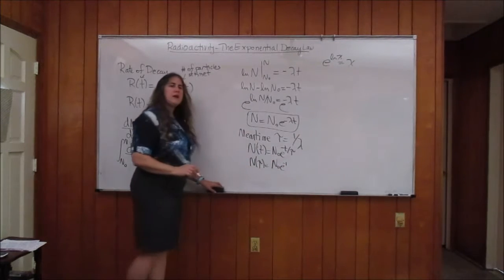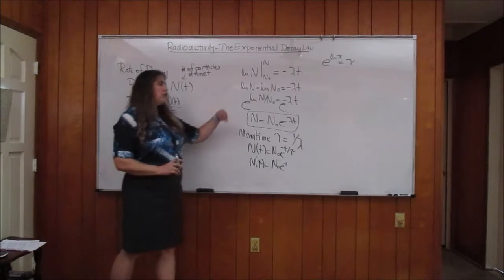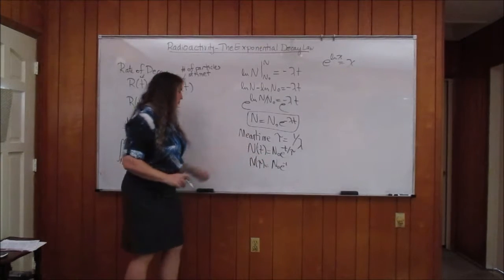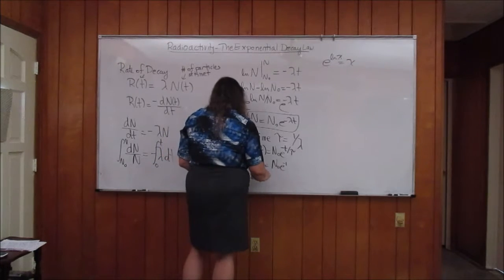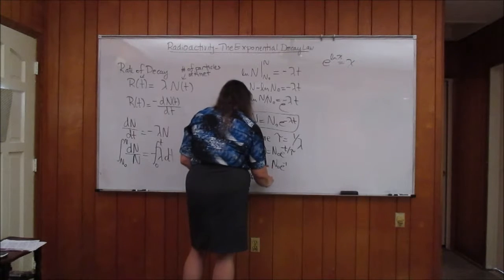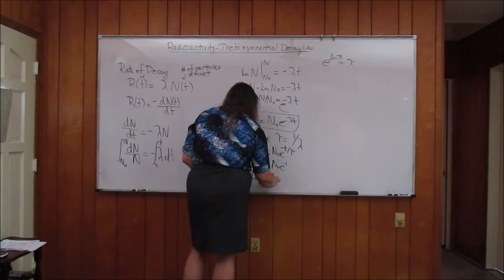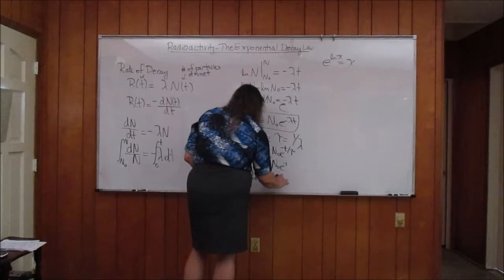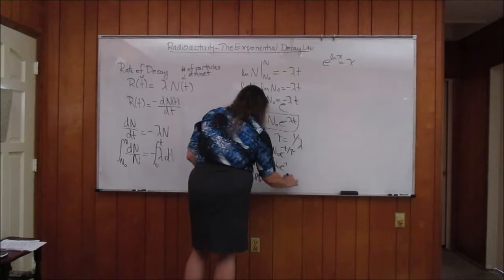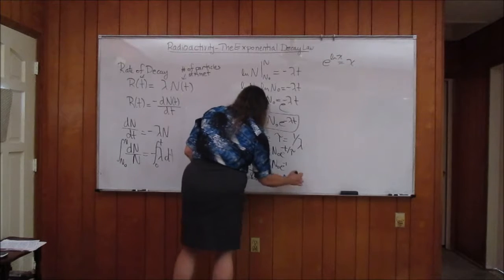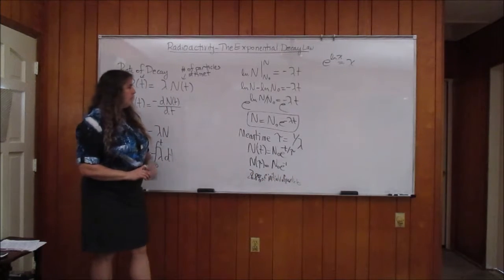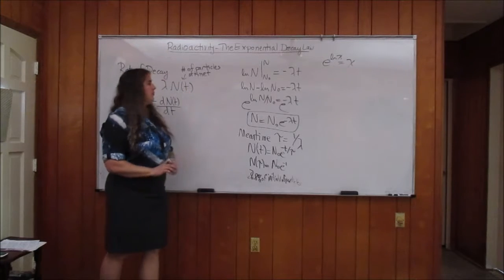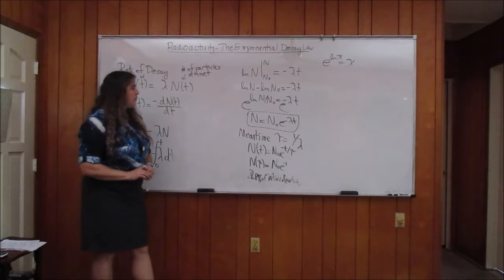And basically that's the amount of time it takes the original number of particles to decay to 36.8% of the initial number of particles. So that's one useful way of writing the exponential decay law.